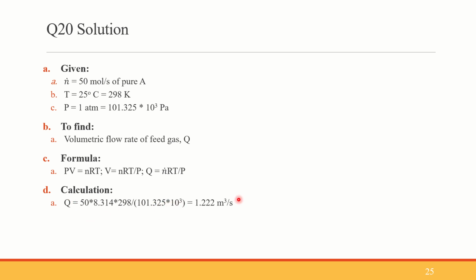So substituting everything, we are getting the value as 1.222 meter cube per second. So we'll just check the unit of R. I am saying its unit is joules per mole Kelvin. And Q is meter cube per second.